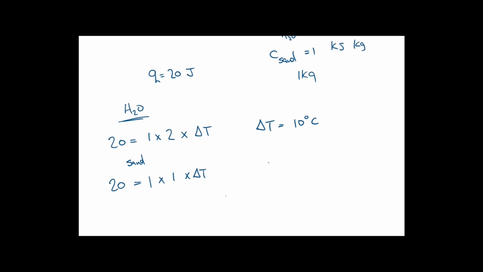If we solve this for change in temperature, the change in temperature of the sand, compared to the water, is going to be 20 degrees Celsius. So for the same amount of energy going into the substances, the change in temperature is markedly different.